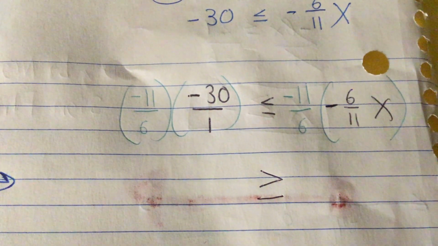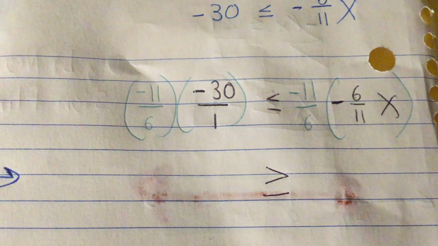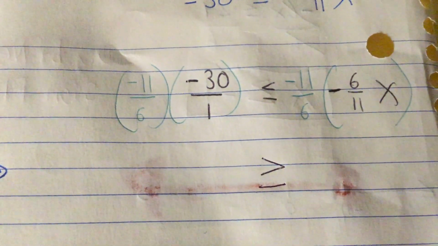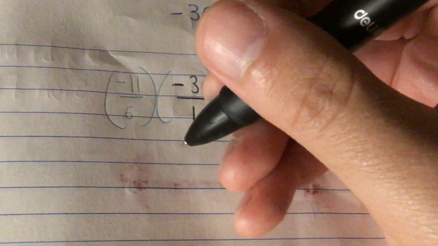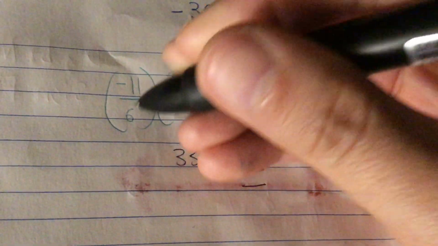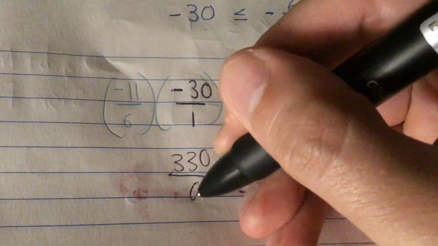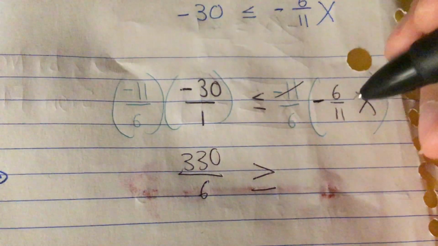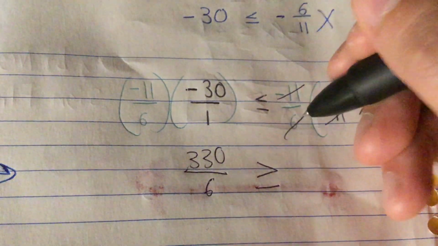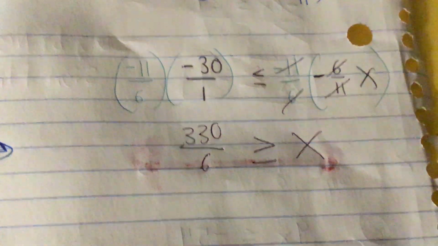So negative 11 times negative 30 would be positive 330. 6 times 1 is 6. And now 11 cancels out with 11, and 6 cancels out with 6, and now we've got positive 1x.